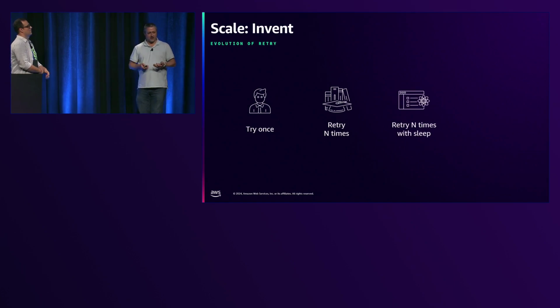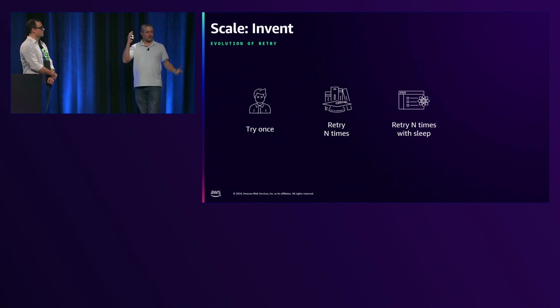So the next iteration of not great but better is, well, we'll add a sleep in between them. Okay, so bang, bang, bang, bang. Okay, better. But the problem with this is that if you think about over a series of 5 or 10 seconds, more and more clients going into this retry mode, the actual load on the service that's potentially having the problem is going up exponentially.